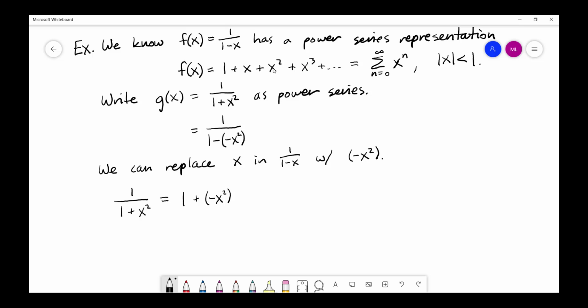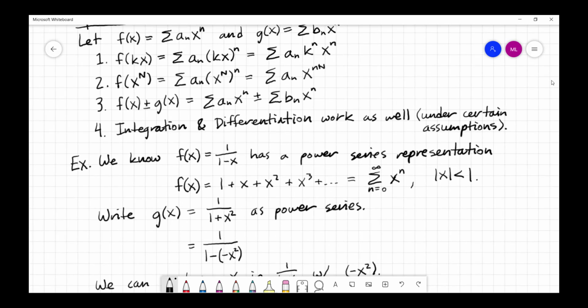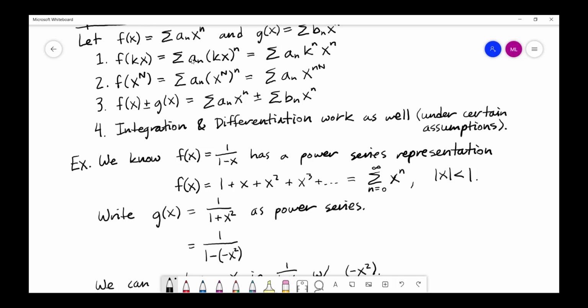Then I have an x squared, so plus a negative x squared squared, plus negative x squared cubed, plus dot dot dot. All I've done is take each one of these x's and replace it with a negative x squared.